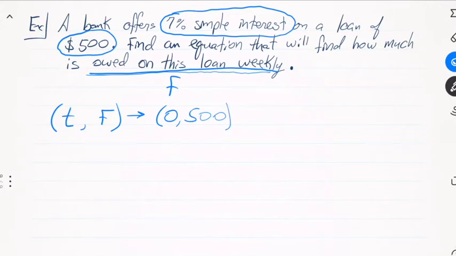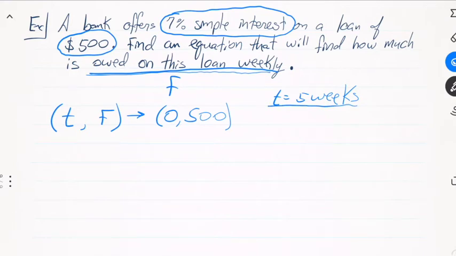To find another point, we just need to pick another time. Any time is going to work, so you can use 1 week. I'm going to use 5 just to have a little bit of fun. So what about t equals 5 weeks? To find out how much the future value is after 5 weeks, you have 2 choices of formulas.